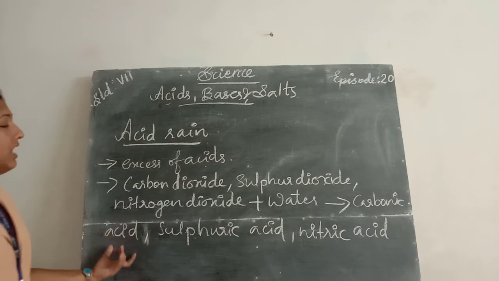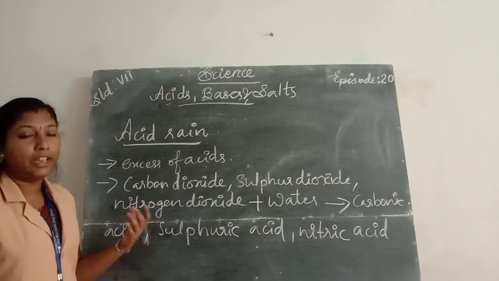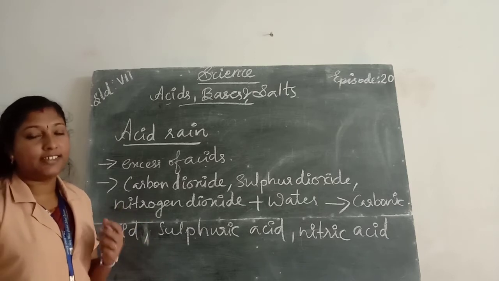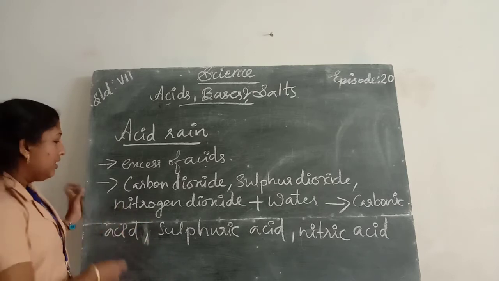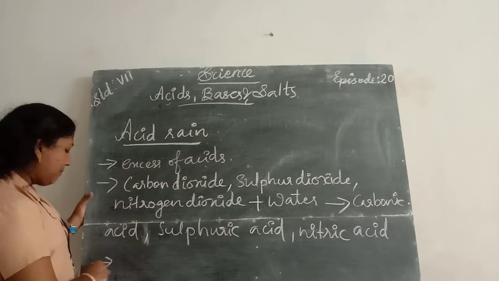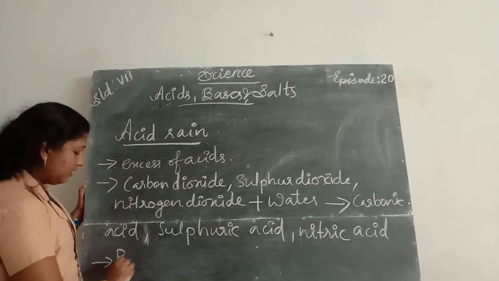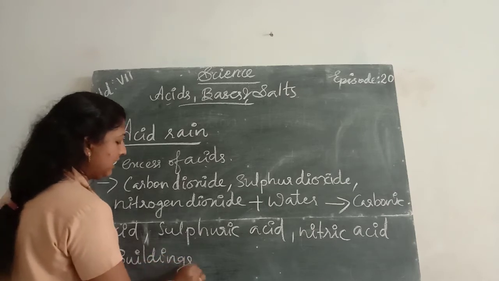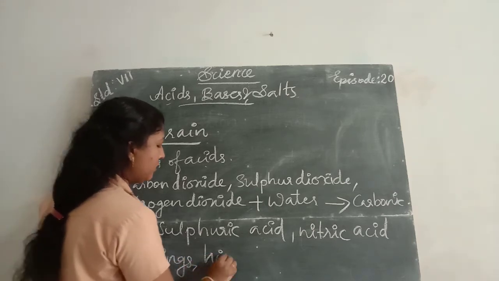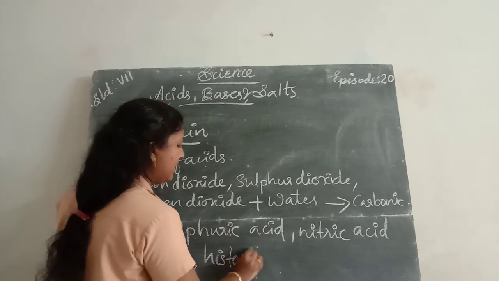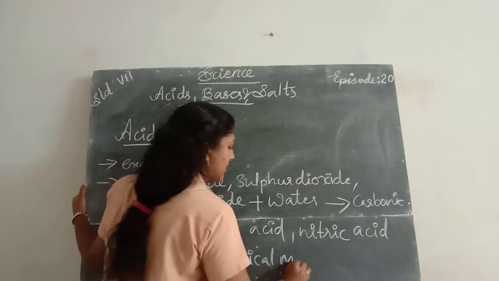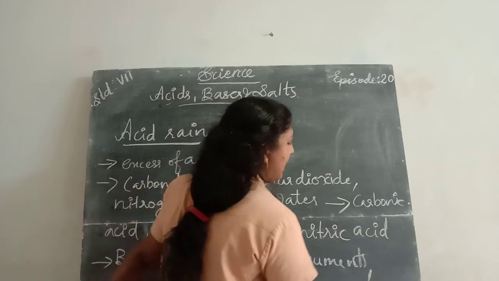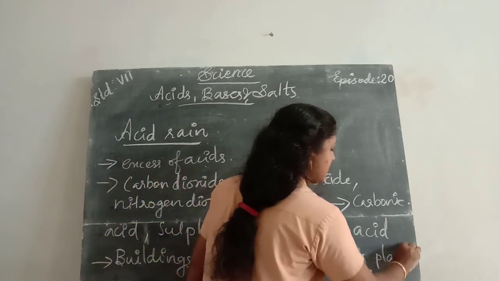Then the acid rain can cause damage to buildings, huge buildings, then historical monuments, plants and animals.